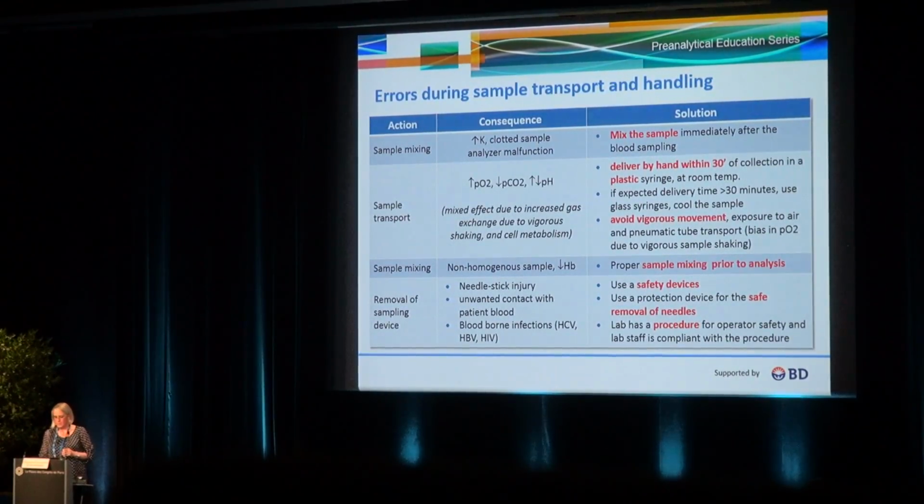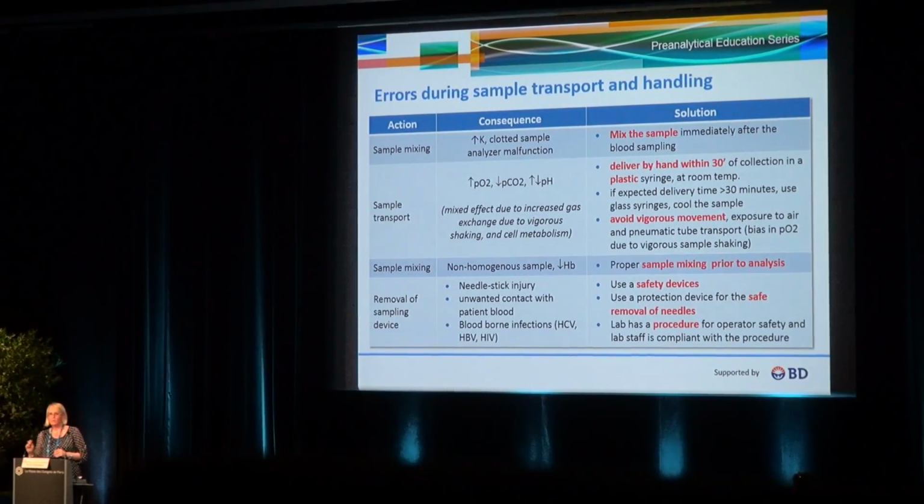How samples should be delivered? Well, samples should be delivered, of course, as soon as possible, but not later than or within 30 minutes from the blood collection, in a plastic syringe. So you should be using plastic syringes, not glass syringes, and at room temperature. Why room temperature?